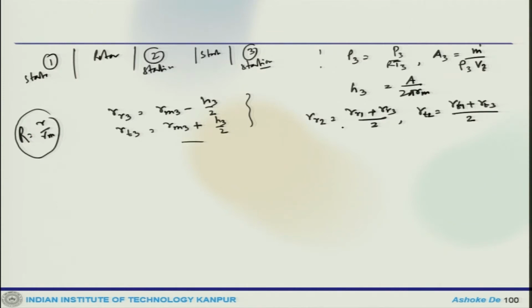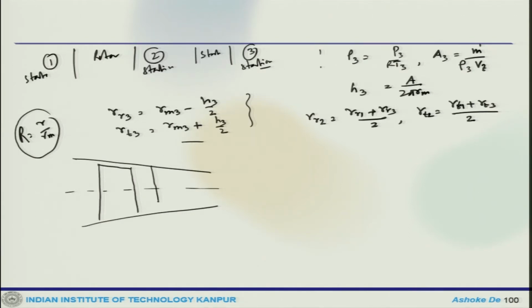What we talk about as the mean, you can think about like you have a cross section like this, and this is the mean section, and that goes like this, and then that goes like this.